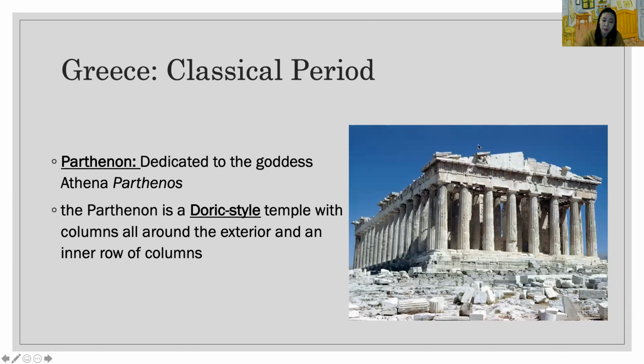So this is the Parthenon at the Acropolis. The Greeks dedicated it to the goddess Athena Parthenos, or Athena the warrior maiden. The Parthenon is a Doric style temple with columns all around the exterior and an inner wall of columns on each of the short walls.